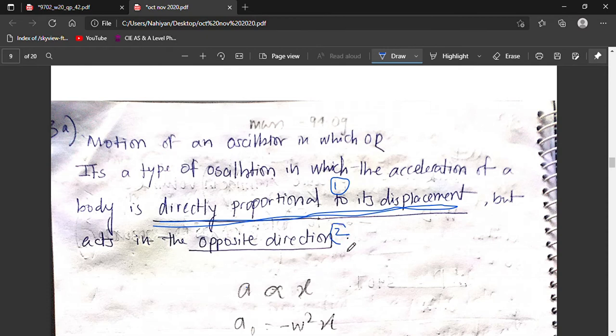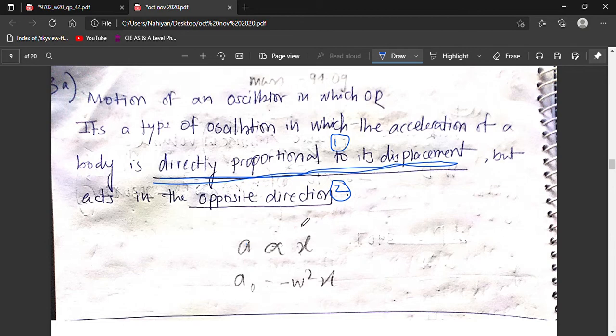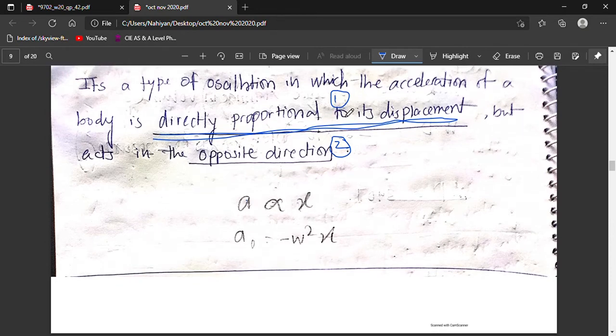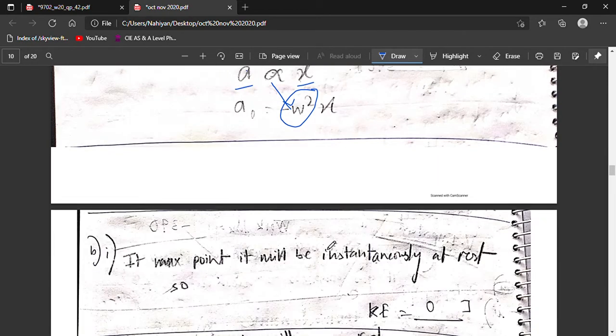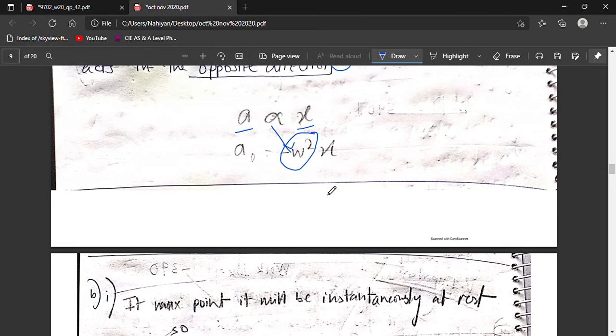The first one is important, that acceleration is proportional to the displacement. I've discussed it in the oscillation chapter video, you can check it out. So when you equate it, you get a proportionality constant of this, the angular frequency.